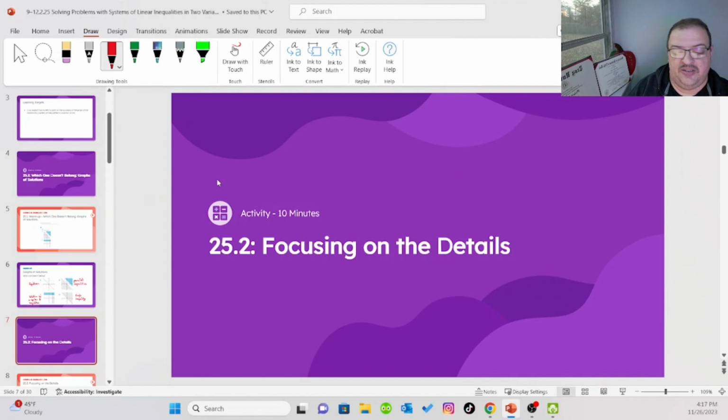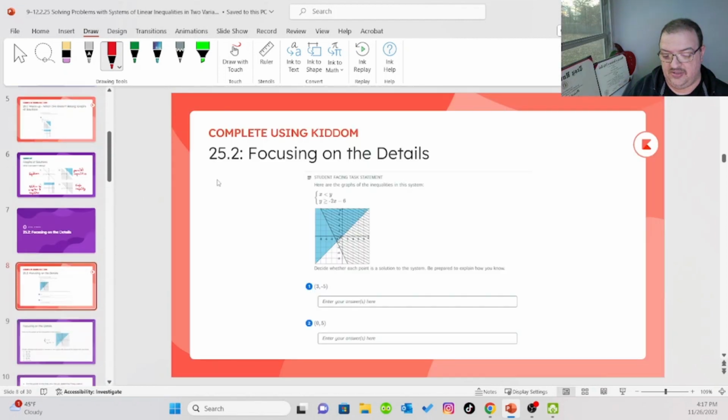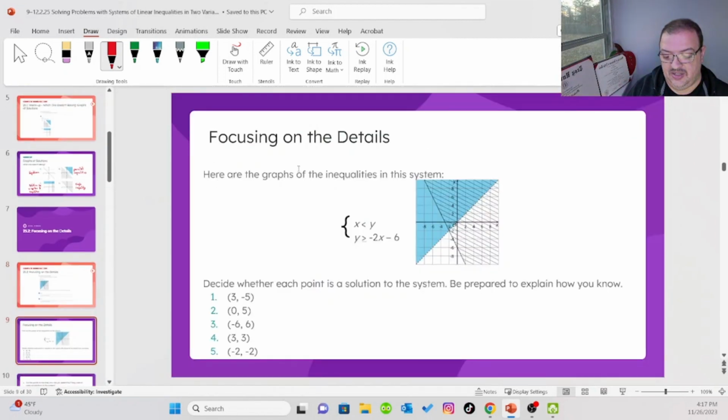Our next activity is 25.2, titled Focusing on the Details. Here are the graphs of the inequalities in this system. So we have x is less than y, which is represented by the blue shading and the dashed line that creates it.